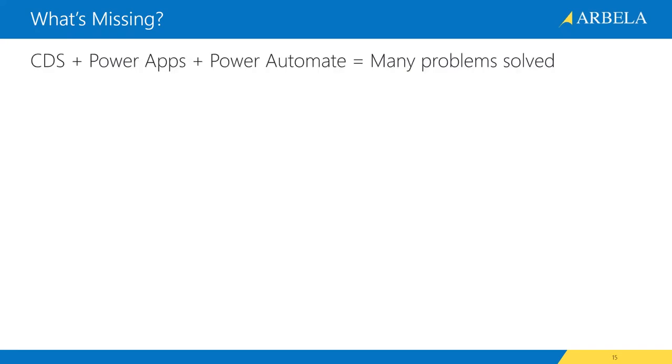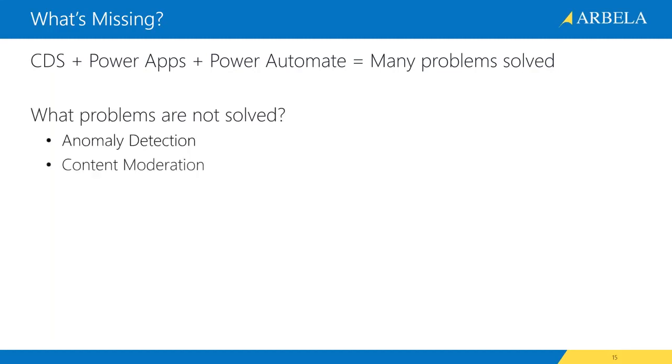So I've spent all this time talking about the Power Platform and how it's awesome. And we might be asking the question, well, what's missing here, right? CDS, Power Apps and Power Automate are solving a lot of problems already. But what problems aren't solved by those things? Well, I have a list for you.